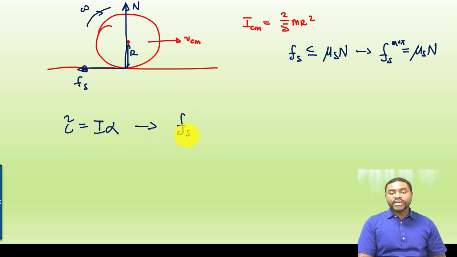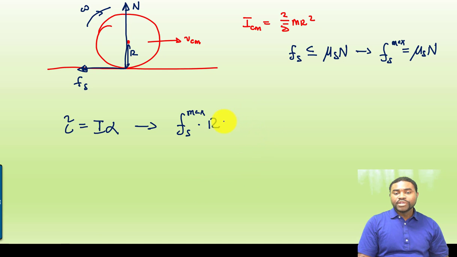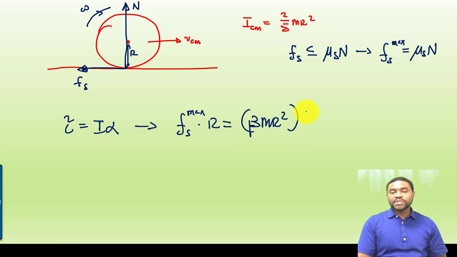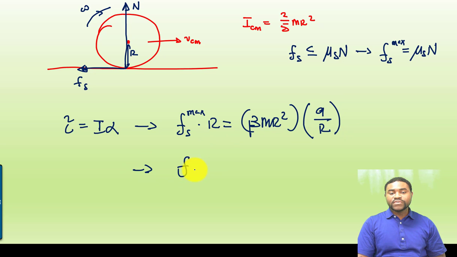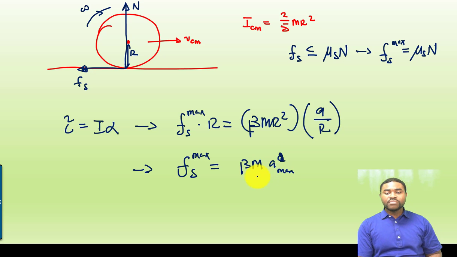This implies that F static max multiplied by R will be equal to what? Now I'm going to use the generic form of the moment of inertia, which is just beta m r squared multiplied by alpha. And what is alpha? Alpha is a divided by R. This essentially implies that static friction max will be equal to beta m a max.